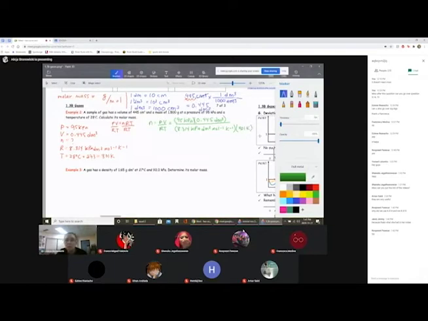So now I start canceling to sort of check that I've subbed everything in properly. So kPa and kPa, DM3 and DM3, Kelvin and Kelvin. Okay, and now I just put this into my calculator.